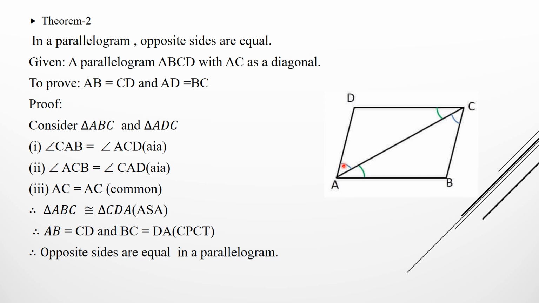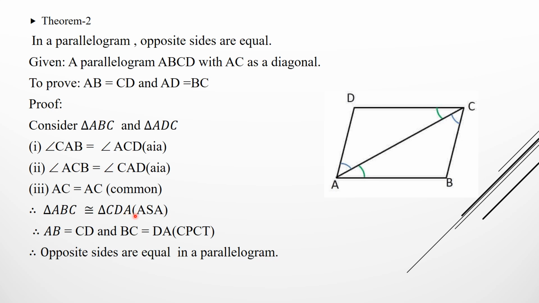Therefore, angle DAC is equal to angle ACB. Again, alternate interior angle. We have AC is equal to AC, which is a common side for both the triangles. Therefore, triangle ABC is congruent to triangle CDA with the help of ASA congruence.